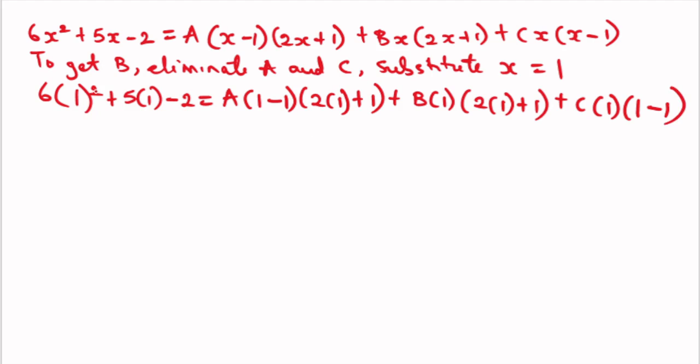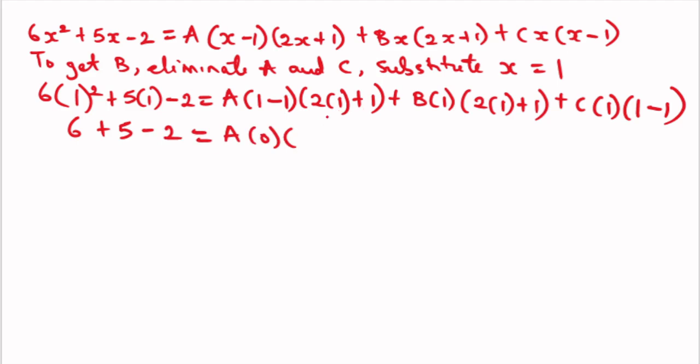So this becomes 1 squared will give us 1. 1 times 6 is 6 plus 5 times 1 gives us 5 minus 2 equal to a, 1 minus 1 is 0.